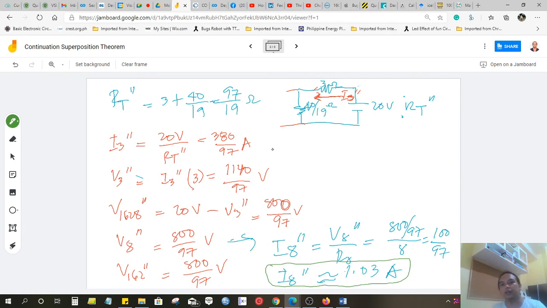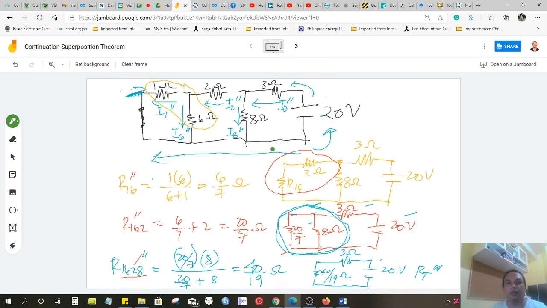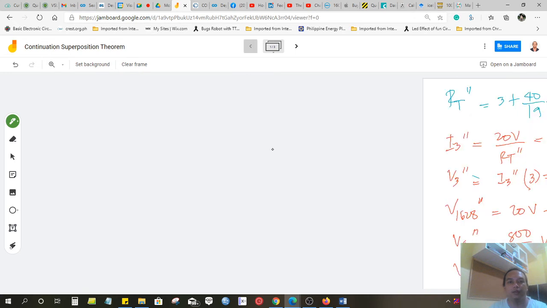So padung na punta sa atras ha, sa atras na punta. So sa ang nganin na lang ta magsugod kini nga circuit kini. So we have here 20 volts, 3 ohm, 8 ohm, then 20 over 7.